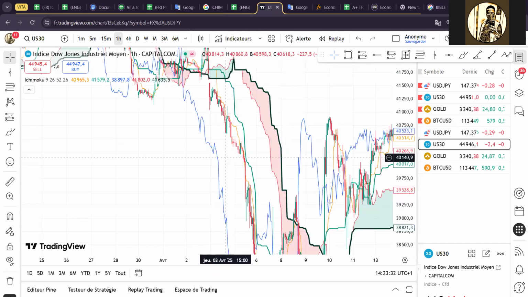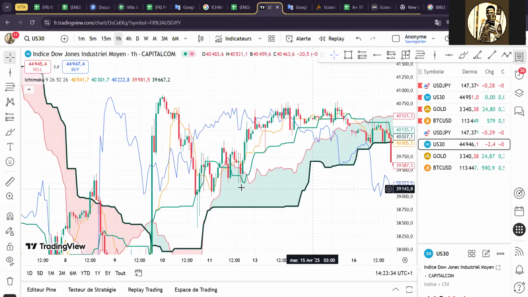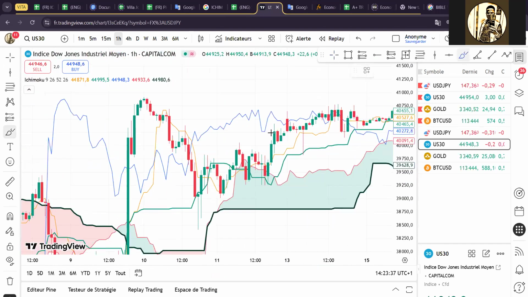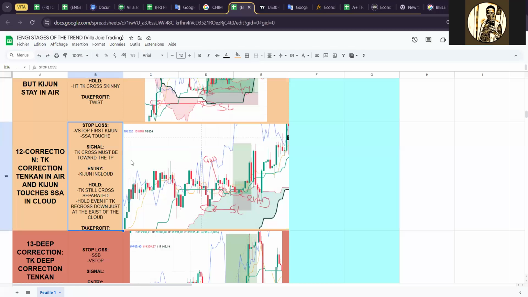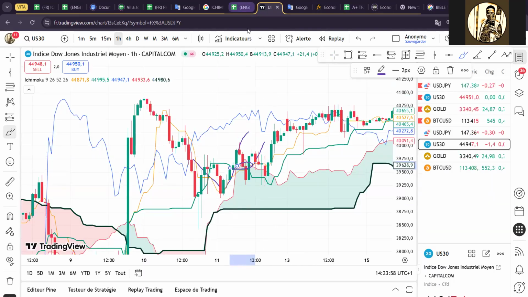It is only Kijun who will touch. Let me take this type of example. You see this correction here, right? Tenkan will not come and touch the cloud. It is only Kijun who will touch the cloud, and then they will both go to the upside. But I didn't have the good screenshot. So let us leave this one, but just take into consideration this type of example.